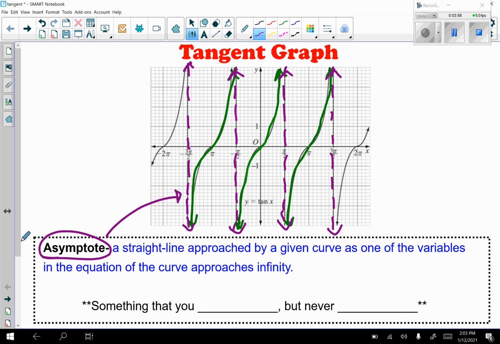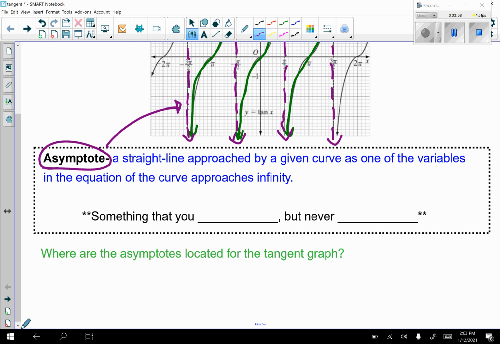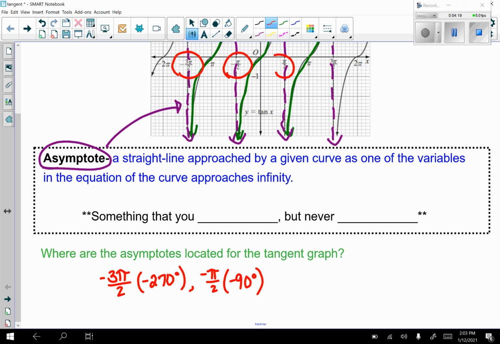there was a question at the bottom here that we didn't answer. Yes, it says, where are your asymptotes located for tangent? So we just said negative 3 pi over 2, which remember is negative 270 degrees, negative pi over 2, which is negative 90 degrees, positive pi over 2, which is a positive 90 degrees, and 3 pi over 2, which is a positive 270 degrees.